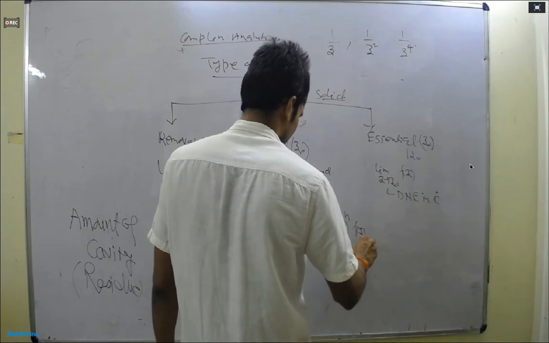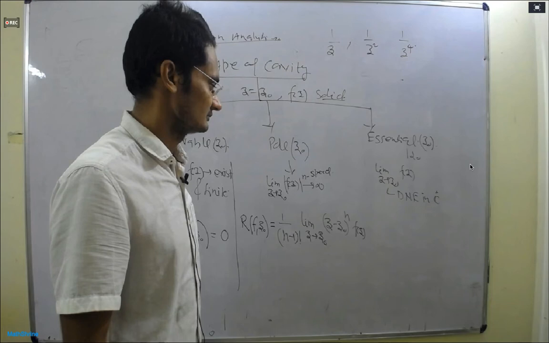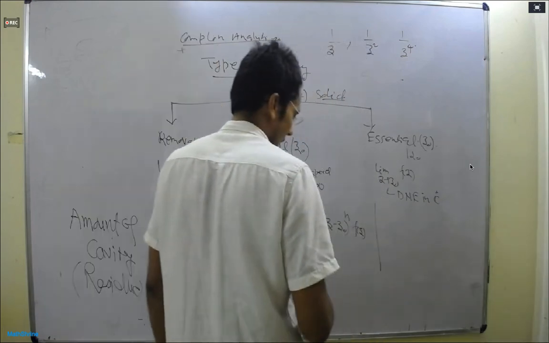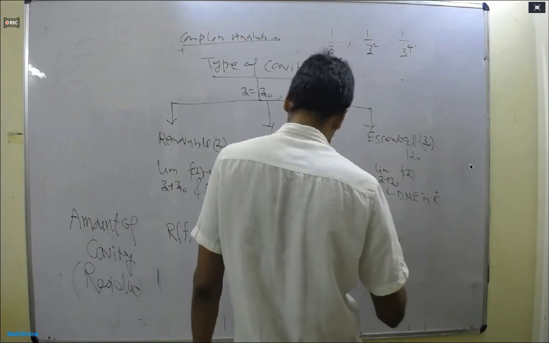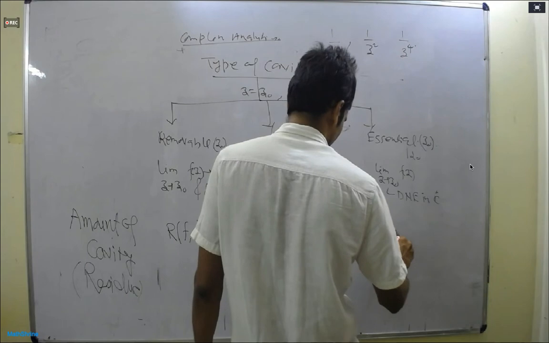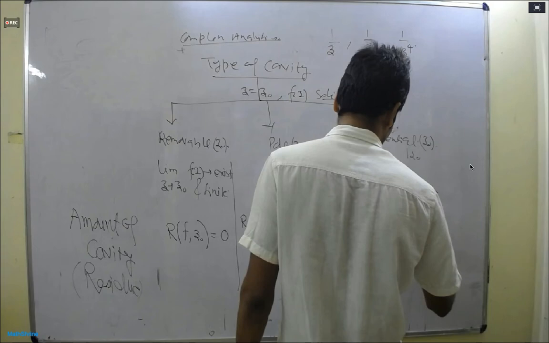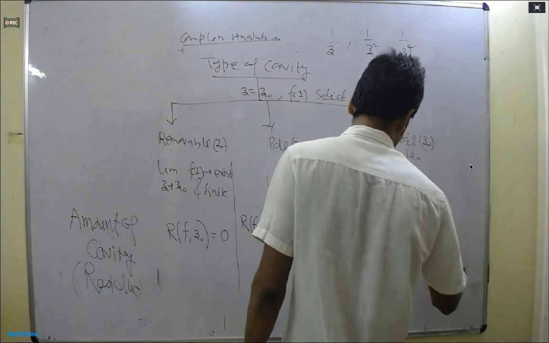All right. Is it fine for everyone? Yes, sir. For here, the amount of cavity, f of z naught, this is nothing but the coefficient of 1 upon z minus z naught. That's all.